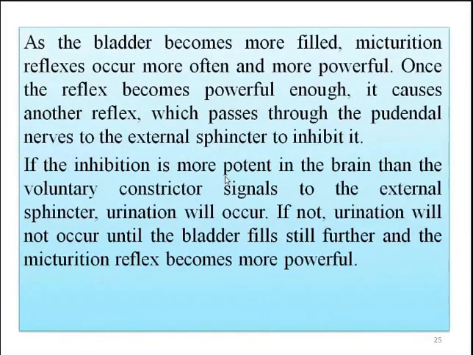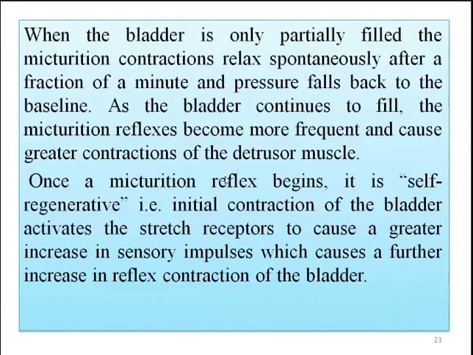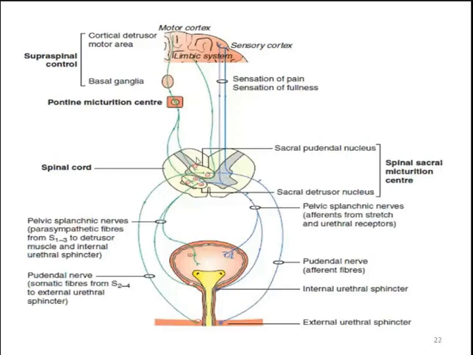As the bladder becomes more filled, micturition reflexes occur more often and more powerfully. Once the reflex becomes powerful enough, it causes another reflex which passes through the pudendal nerves to the external sphincter to inhibit it. So you can see another nerve supply here, the pudendal nerves.